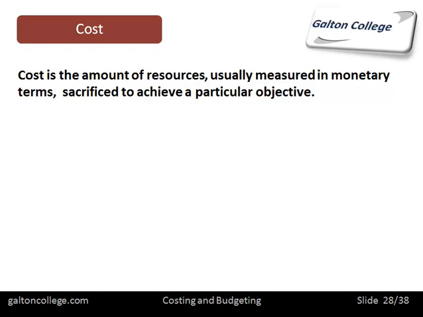This overlaps with what economists talk about in terms of opportunity cost. So when the company makes an investment in a certain area, then that resource, if you like, that money is used up and is not available, therefore, for some alternative piece of investment.